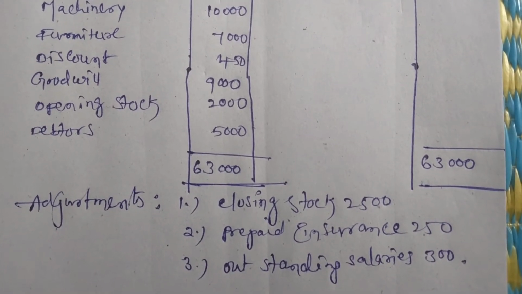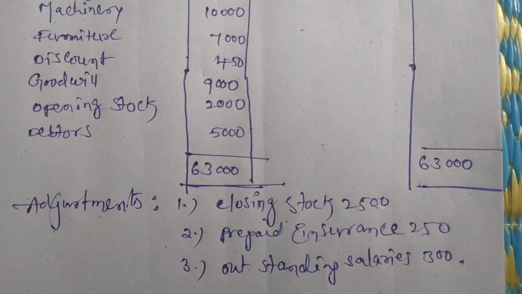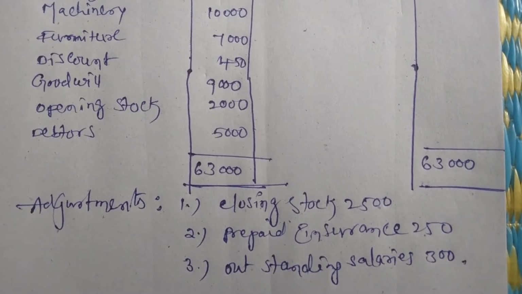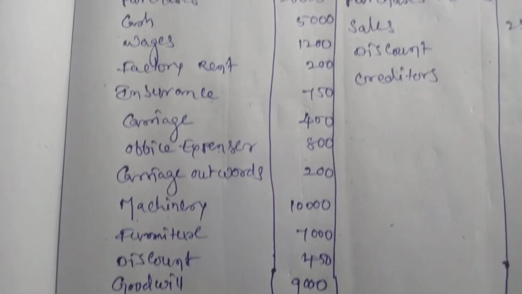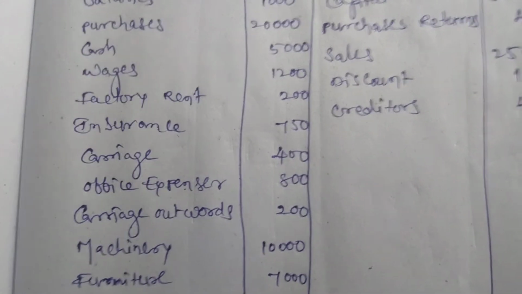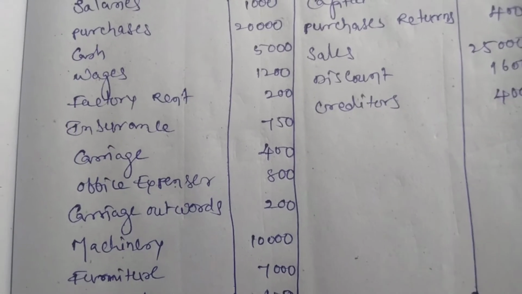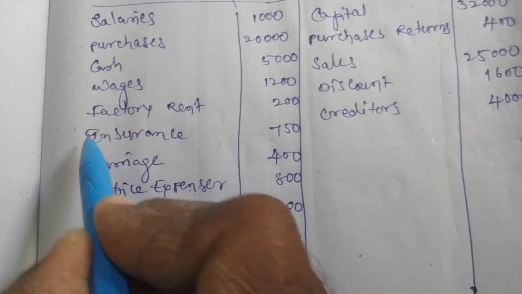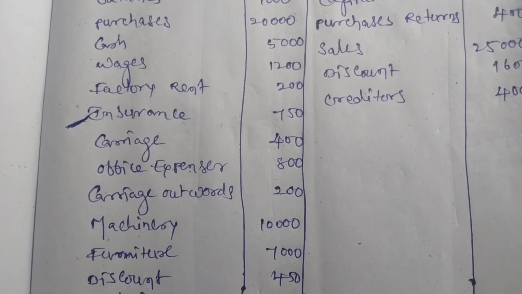However, prepaid insurance belongs to insurance in the trial balance. On the debit side, insurance 750, put a tick mark, so that we don't make any mistake.